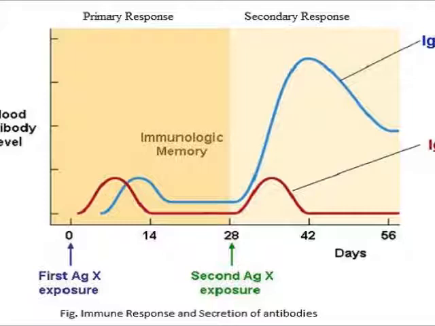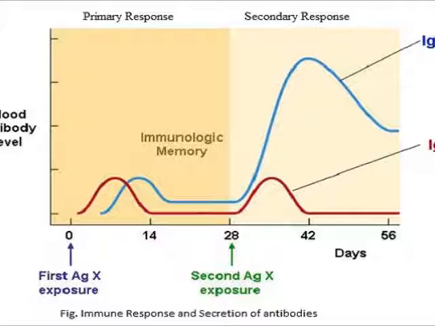But with the secondary response, it's about half that time, about 3 to 5 days before the concentration of antibodies in the blood peaks out. For the primary response, it takes a bit longer time to establish full-fledged immunity to the pathogen, whereas in the secondary response, that time is much, much shorter.